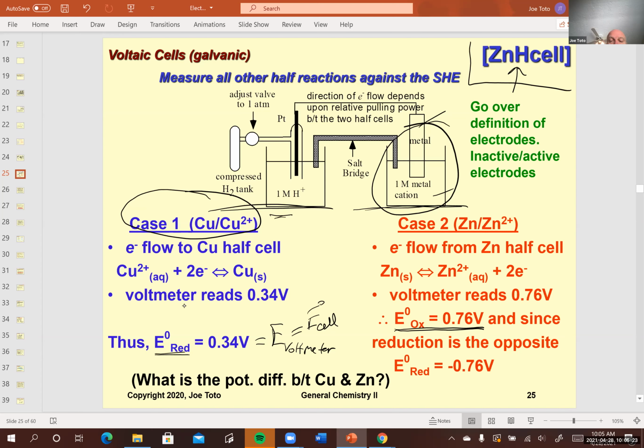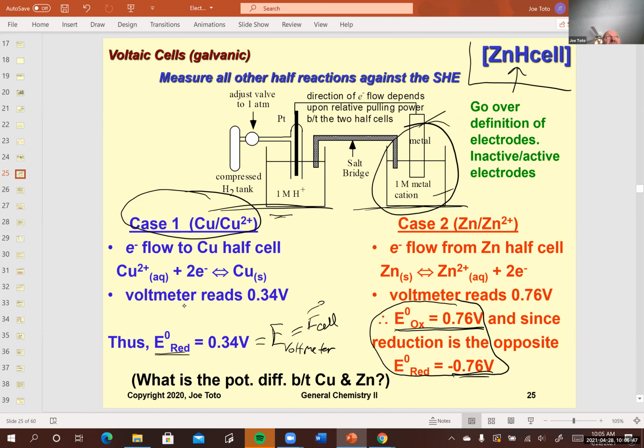Because of the relationship between the oxidation potential and the reduction potential and the negative sign, we know that the reduction potential is going to be opposite that. We'll talk a little bit more about that in a second. But anyway, we're comparing to the standard.